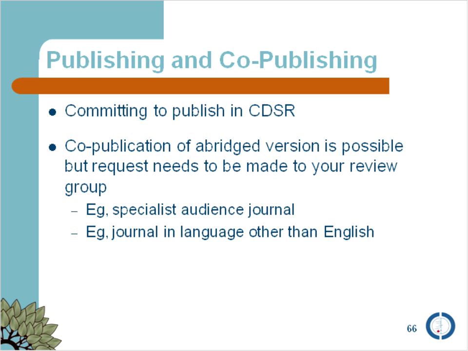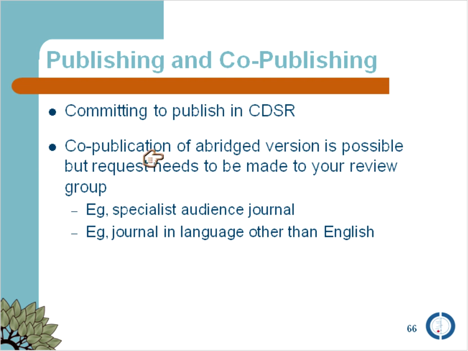Finally, publishing and co-publishing. And so, of course, at the outset, when you're signing on to do this review with Cochrane, you are committing to publishing it within the Cochrane database of systematic reviews. Co-publication is possible. It's something that you need to make your review group aware of as soon as you have interest in doing this.